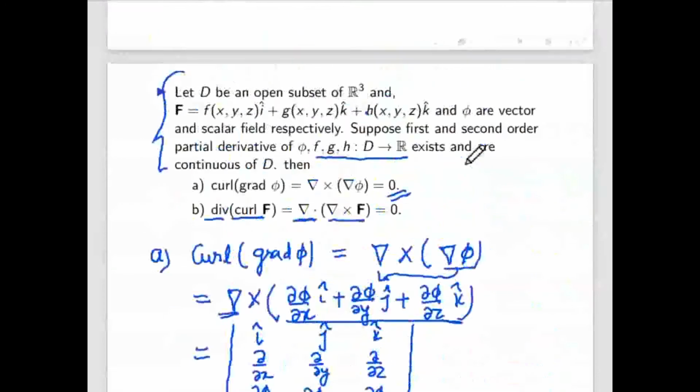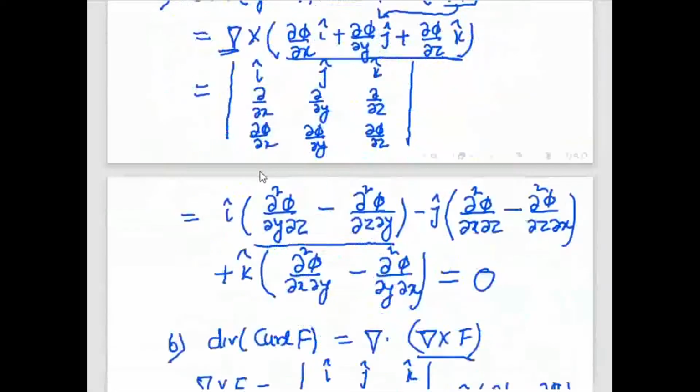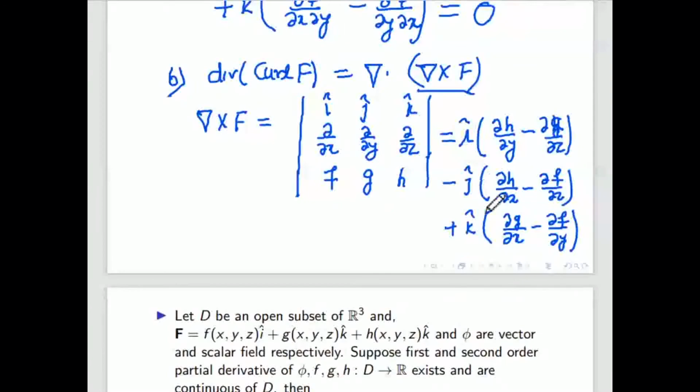Here it is given that f has 3 components, small f, small g, and small h. It is also given that their partial derivatives exist, and these are continuous also. So now what will be the next step? We have to find the divergence of this.